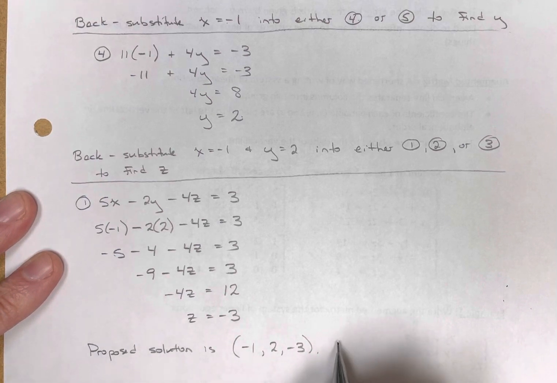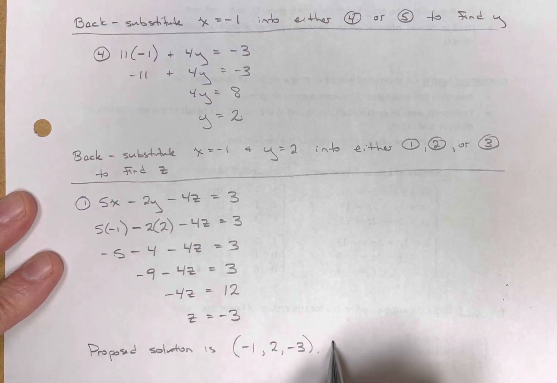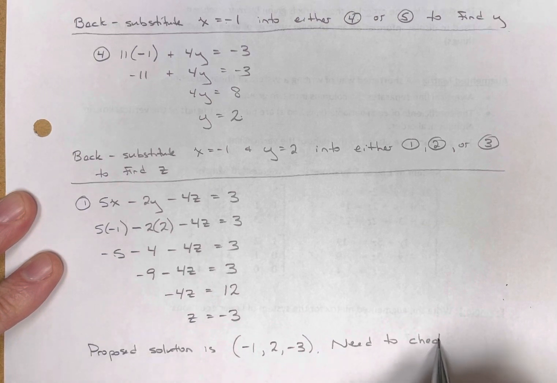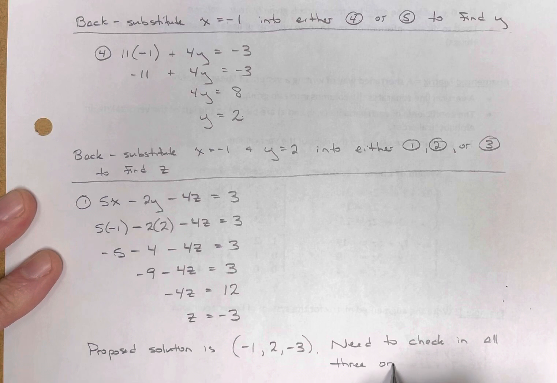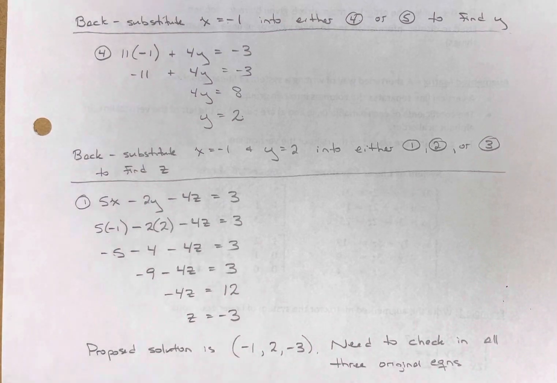We will note, I'm not going to do it here, that we need to check in all 3 original equations. Of course, we're going to want to check our answers.